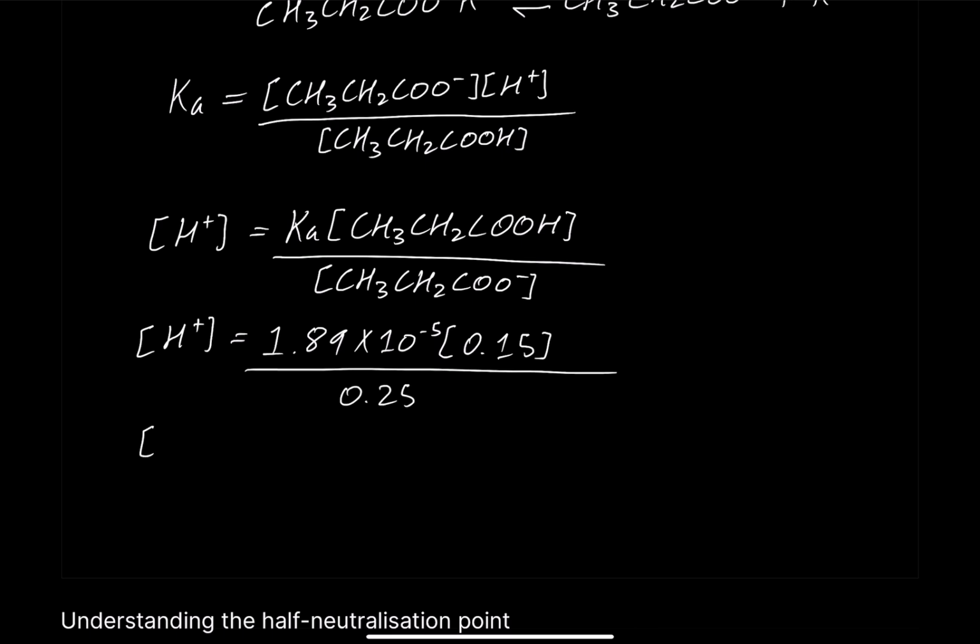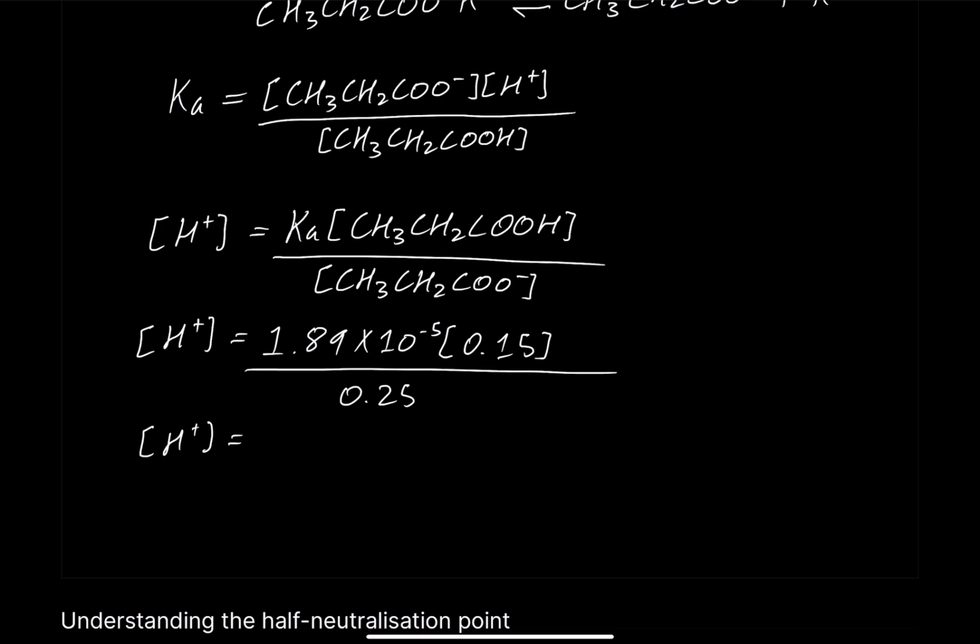The H plus concentration is going to be in moles per dm cubed, because it is a concentration. Put that into our calculator: 1.89 times 10 to the power of minus 5 times 0.15 over 0.25.